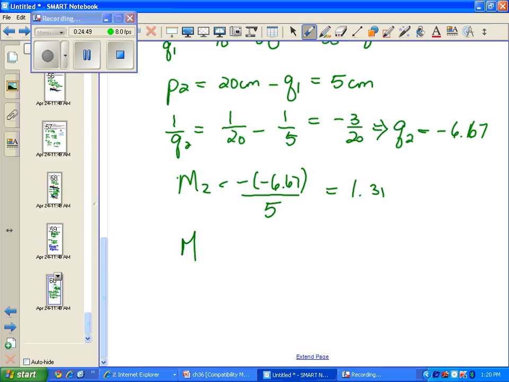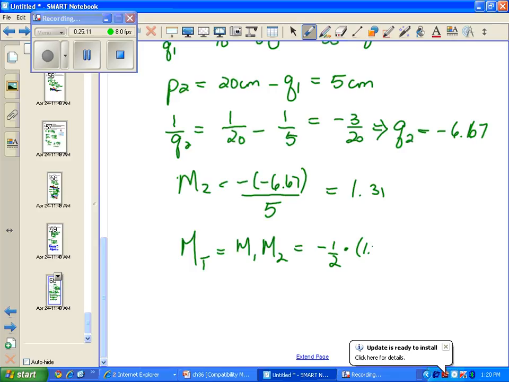Now, to get the total magnification, we take the product of M1 with M2, and of course that is going to give us minus a half for M1 times 1.33, and that gives us a magnification which is minus 0.667 altogether.